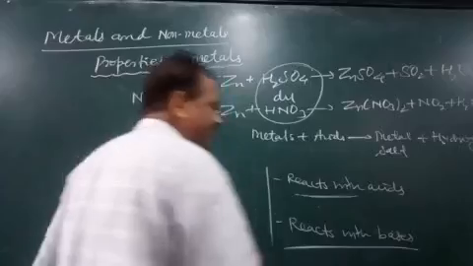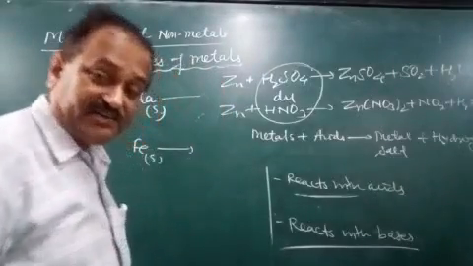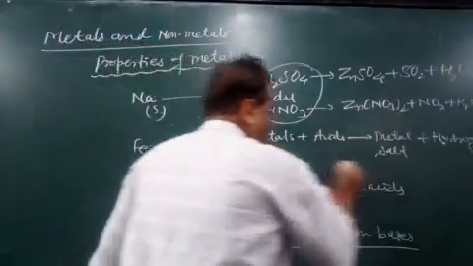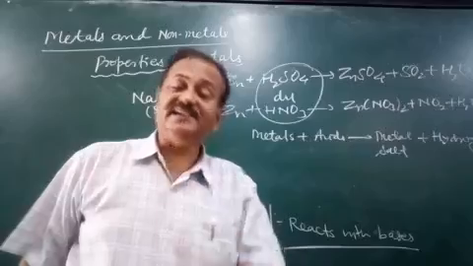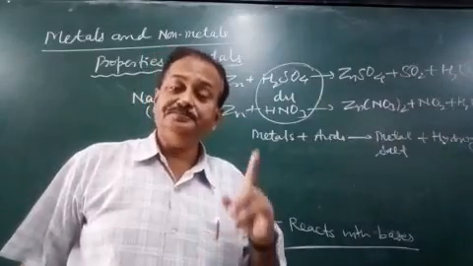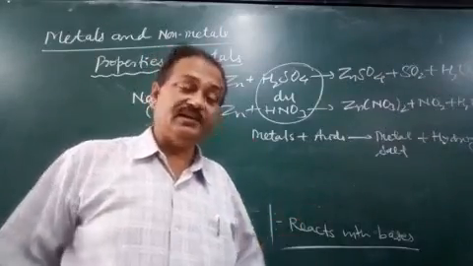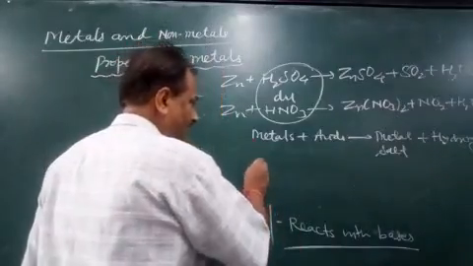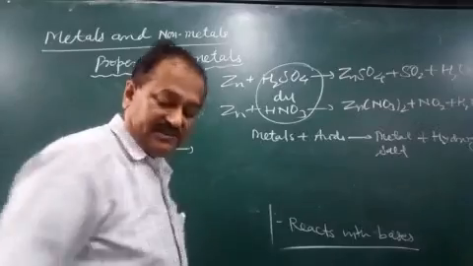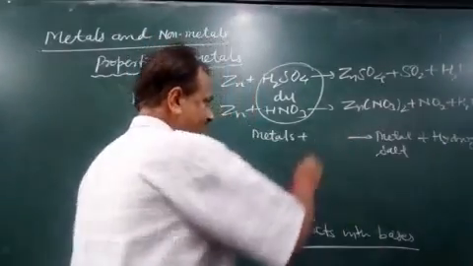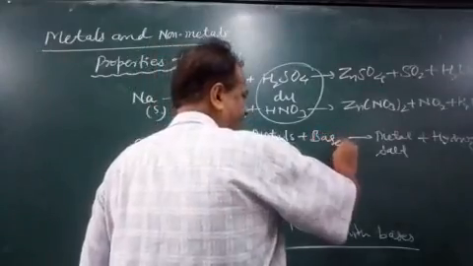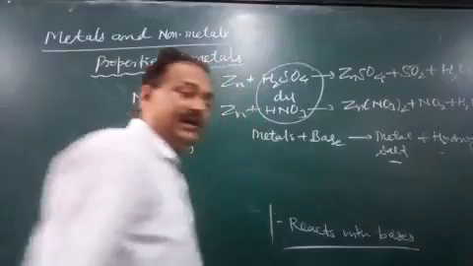Now they react with bases also. Not all the metals, but very few metals, which are reactive metals. They react with bases to form salt and hydrogen. So the same metals, I am writing here, metals plus base, metal salt plus hydrogen.